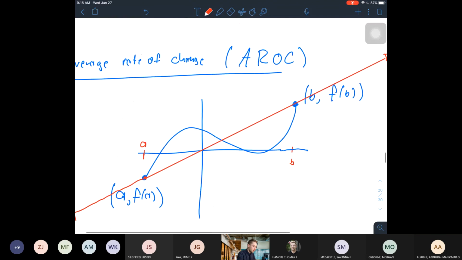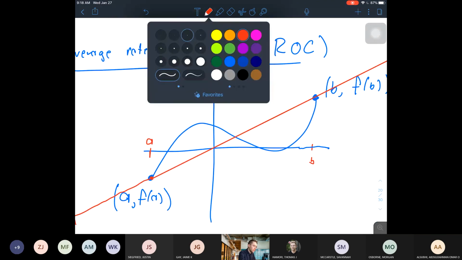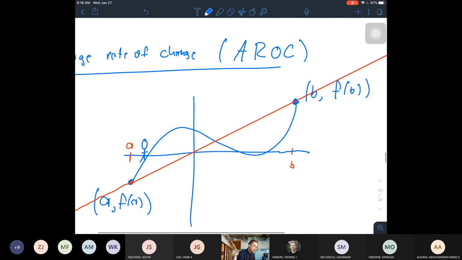Okay, and I guess the way that you could think about it would be as follows. Say that you're like a hiker, on a hill, and you're hiking here, and you do this hike where you start at a comma f of a, and you end at b comma f of b. Okay, so you're moving in this direction.